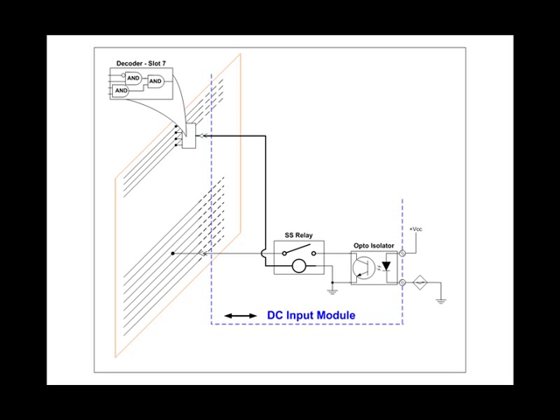When the input device is energized, in this case it's shown as a proximity switch in the lower right-hand corner, the LED in the optical isolator excites the phototransistor, but the solid-state relay in series with the input device and the optical isolator going to the backplane is not activated. Therefore, the input device can toggle between on and off state without the signal ever being seen on the backplane. That's because this slot has not been activated from the processor.